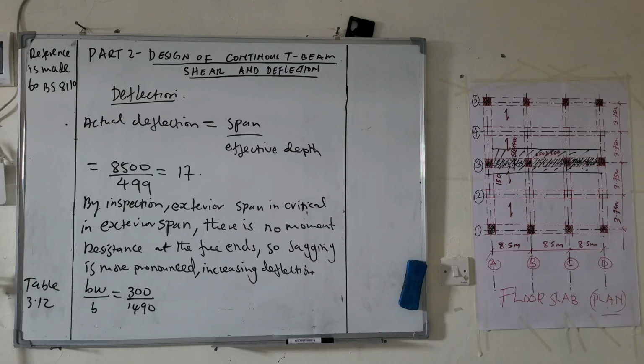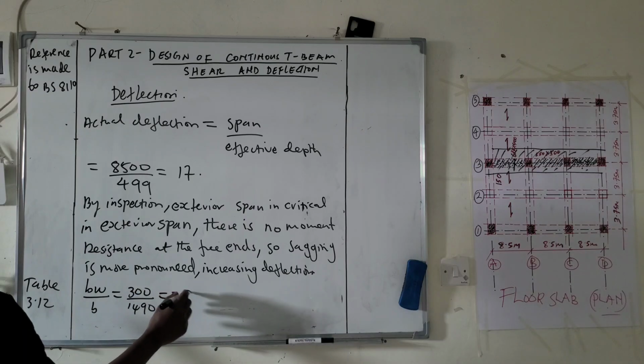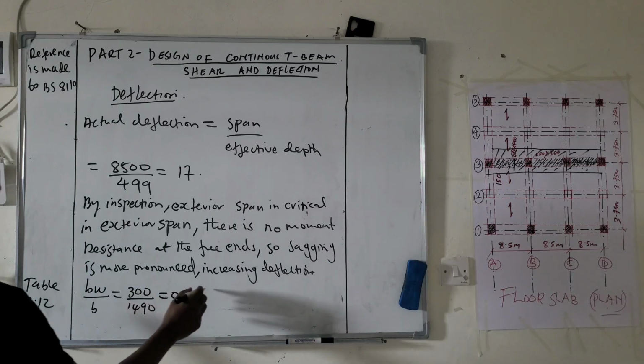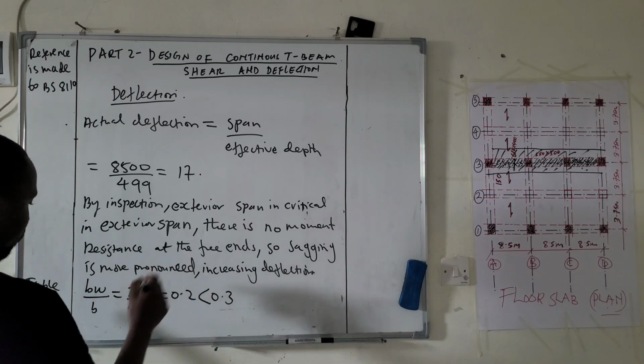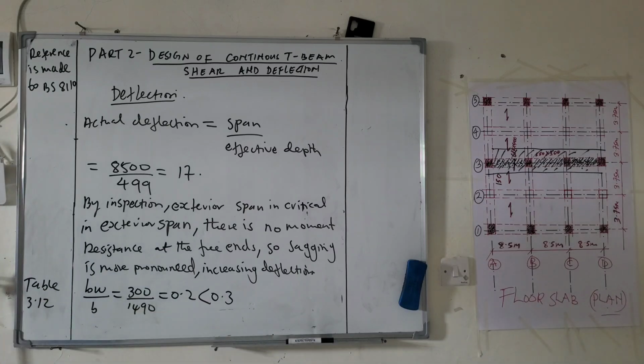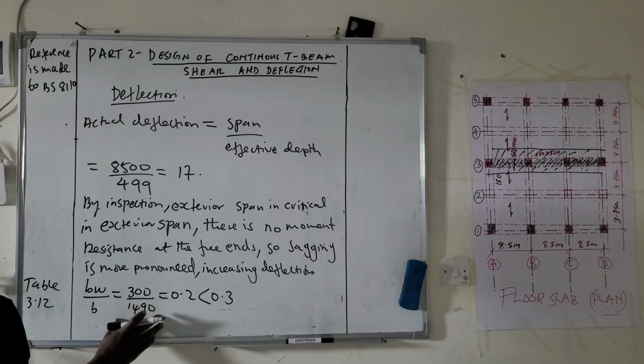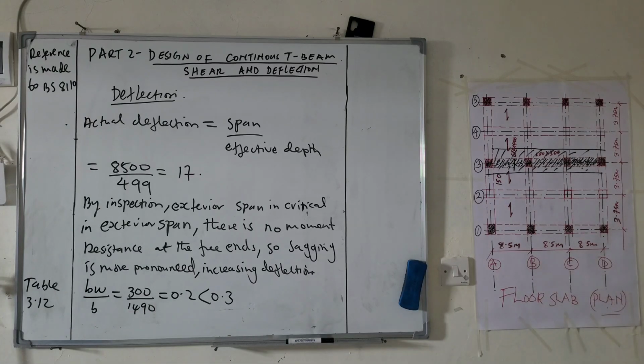So is equal to 0.2, which is less than 0.3. If you check in table 3.12, this principle is applied in that table.